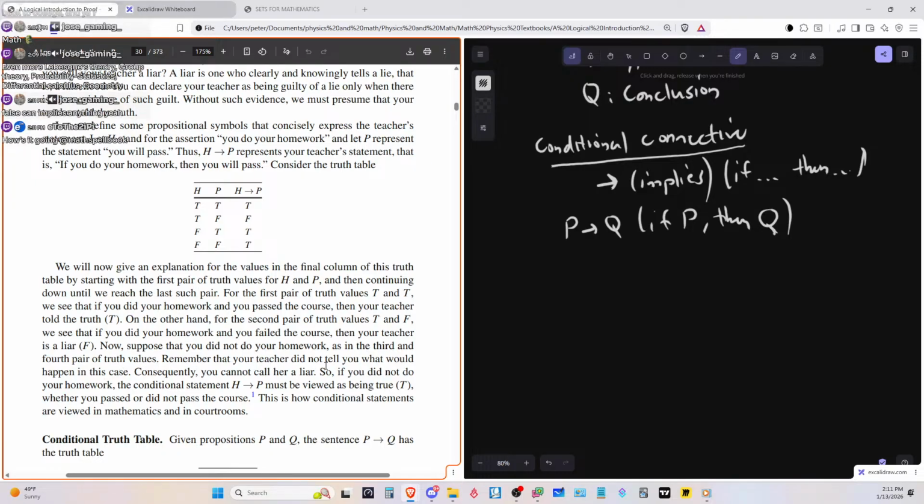Remember that your teacher didn't tell you what would happen in this case. Consequently, you cannot call her a liar. So if you do not do your homework, the conditional statement H implies P must be viewed as being true, whether you pass or not.